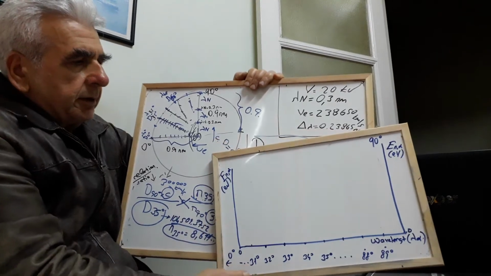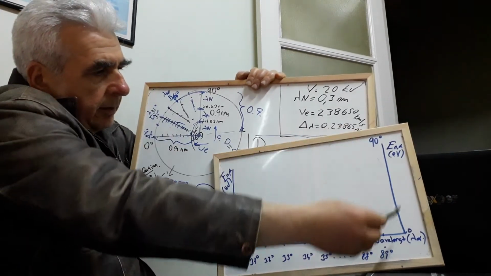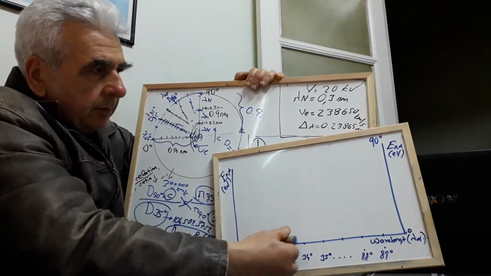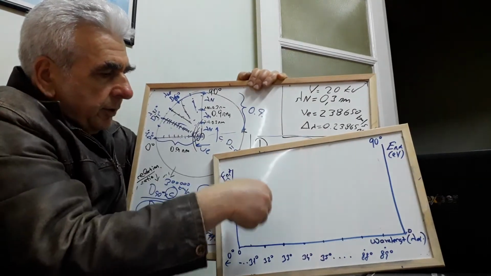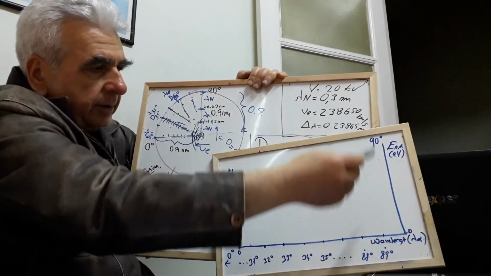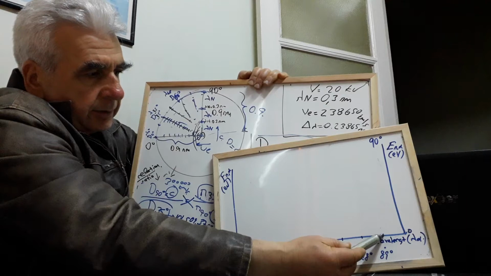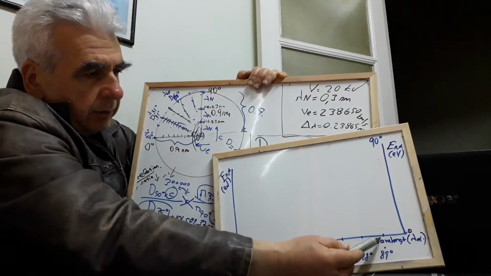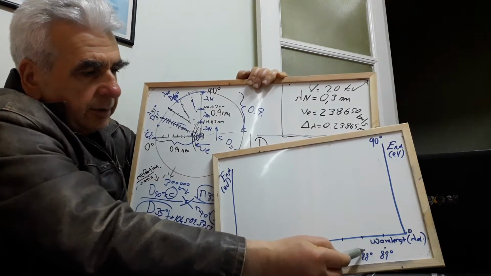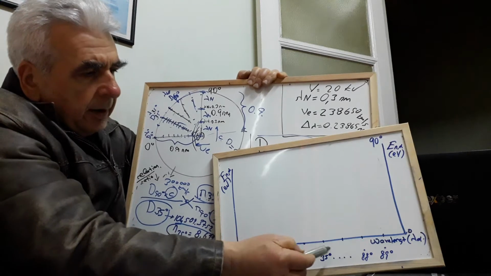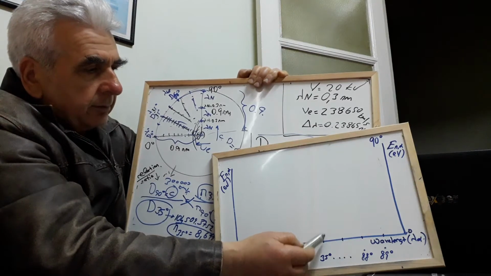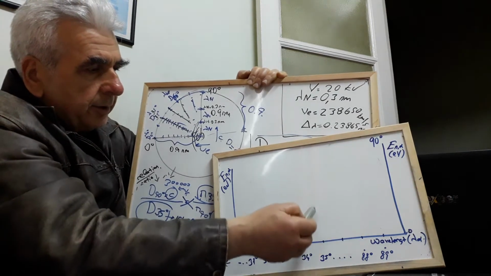Then we will plot wavelength through zero, energy through infinity, then projection, each plot, each wavelength projected for each degree, okay? Now we will find the wavelength and energy at 30 degrees, okay?